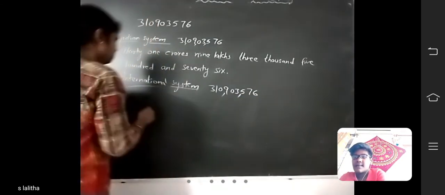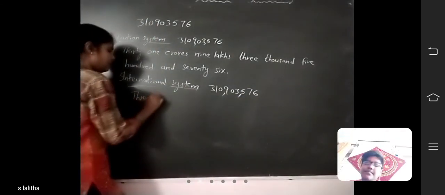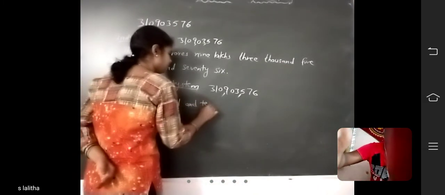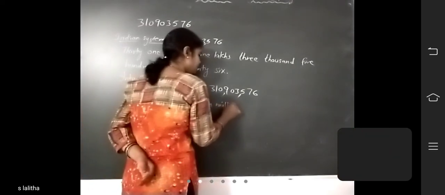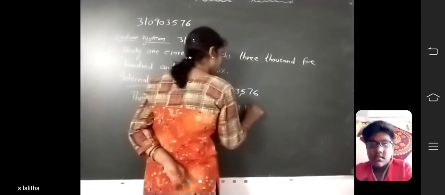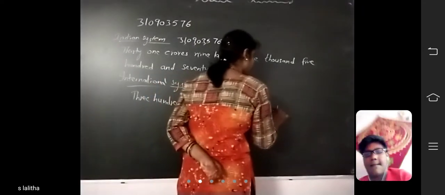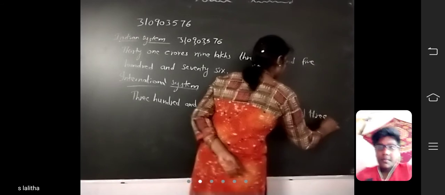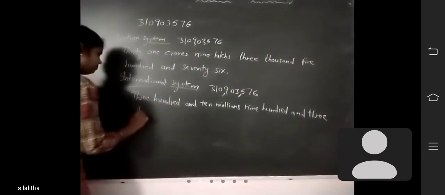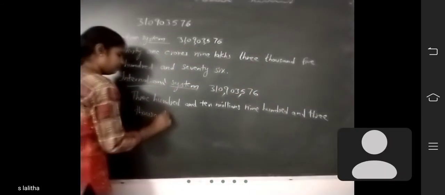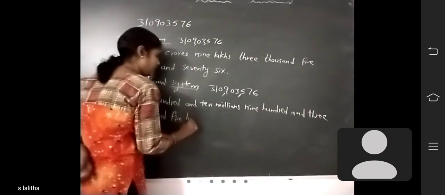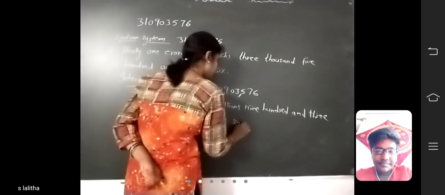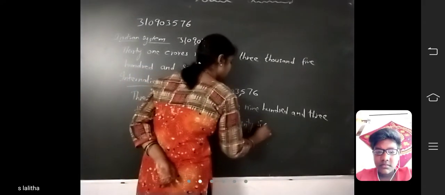So write the number name: 310 million, 903,000, 576.